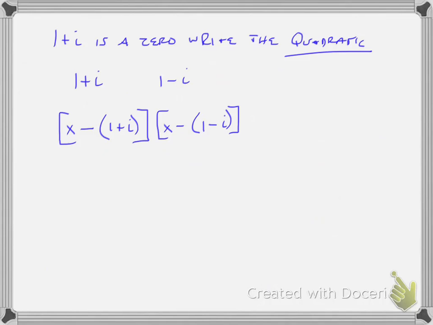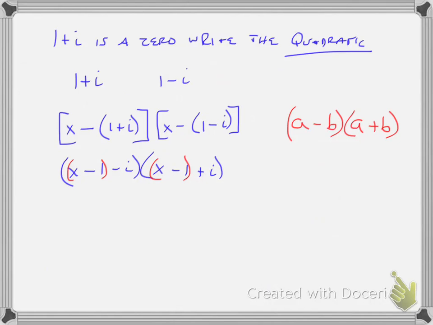And this can be kind of treacherous, but I'm going to show you a way that if you know your difference of squares, it can make it a lot easier. Well, first, let's distribute that negative, so it's going to be minus 1 minus I, and then x minus 1 plus I. And what I'm going to do now is group the x minus 1s and think of that as one item. And if you notice here, this is going to be that difference of squares, because the a is my x minus 1, my b is the I. So I have x minus 1 minus I and x minus 1 plus I, and it's going to end up being that difference of squares.